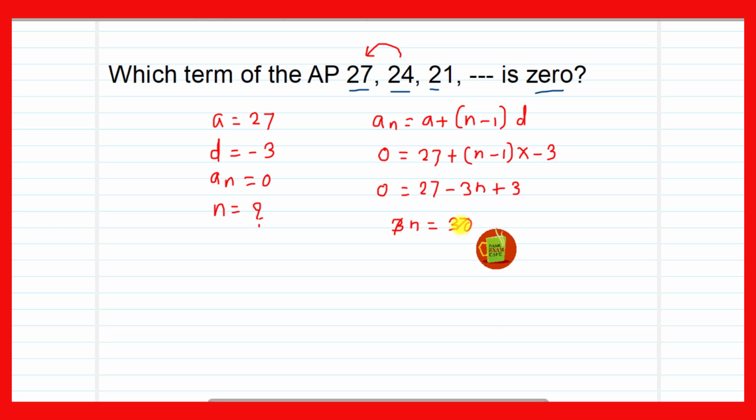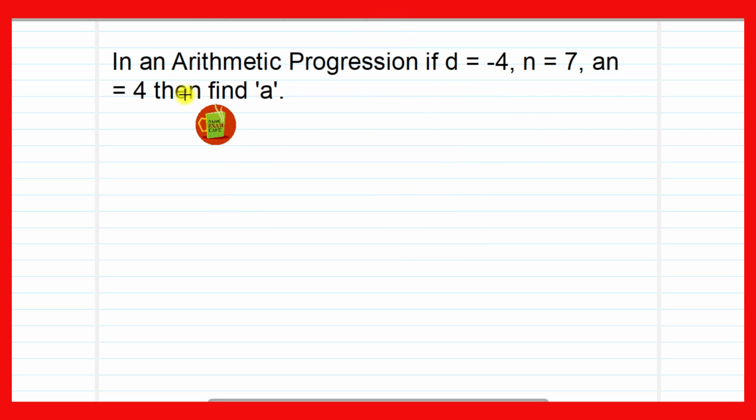So 3 ones are 3, 3 tens are 30, and so n is equal to 10. So friends, the 10th term of the given AP will be 0. See the next question.